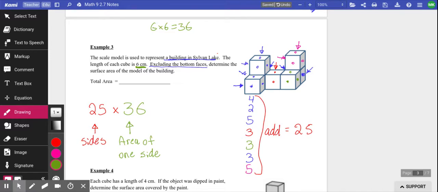Total number of sides times the area of one side would give me the total area of the entire shape on the outside. Again, I got that 36 by going length times width, which is 6 times 6. If you throw it in your calculator, what do you get as an answer? 900? A nice round number. So the total area is 900.